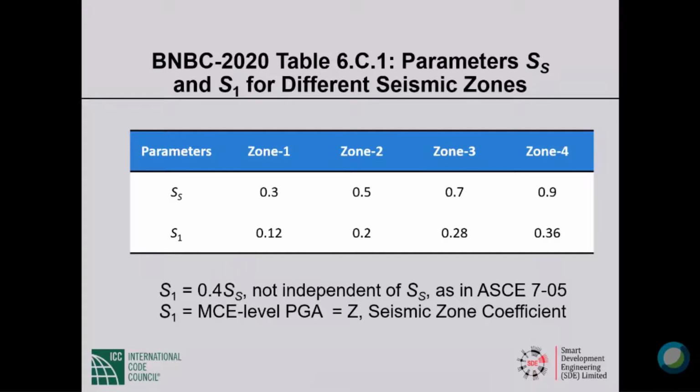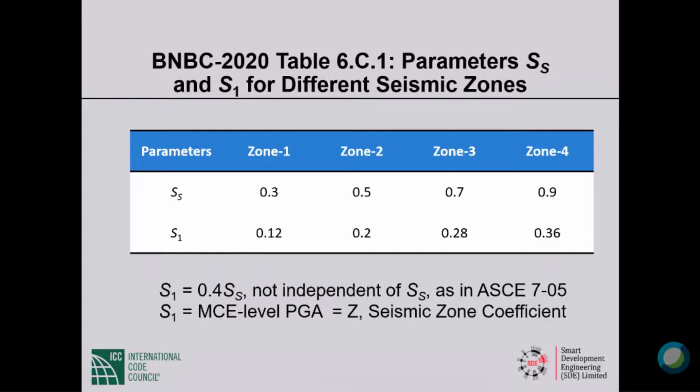Appendix C gives you the impression that we have two different values, but we actually do not have two different ground motion parameters in BNBC. It's only one ground motion parameter. Whichever you like, S sub 1 or S sub S, the two are related. The S sub 1 value is also identically equal to the Z factor for the seismic zone.